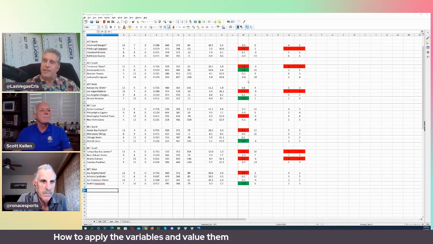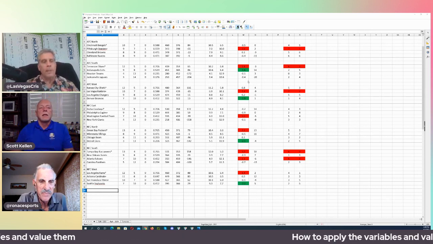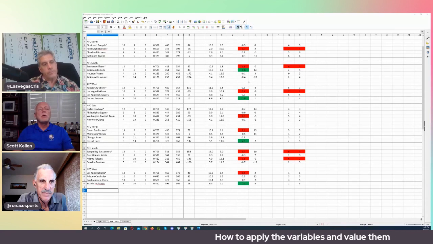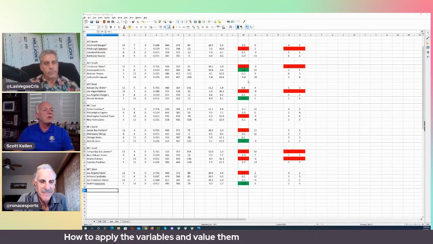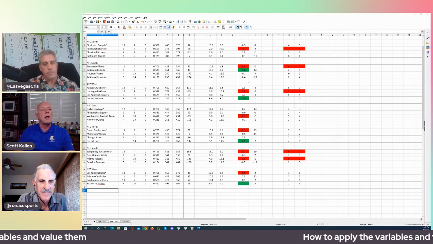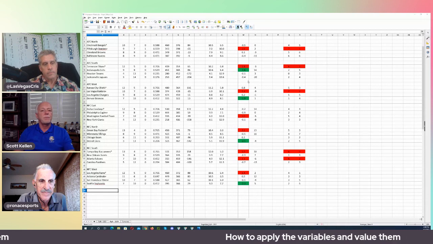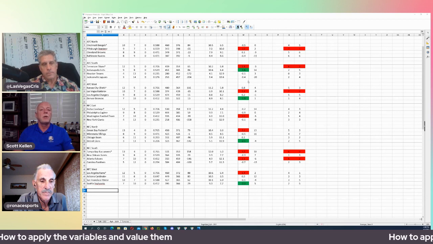Your secret sauce. How are you changing the numbers, though? We know what the factors are. How are you applying the numbers? Well, you can apply it in a lot of ways. First of all, Cantor here in Vegas did it, and then I think Westgate picked it up last year, where they would create a line for every single game through 17. I think Westgate actually did it for 18 weeks last year, even the 18th week, which is a big variable week.